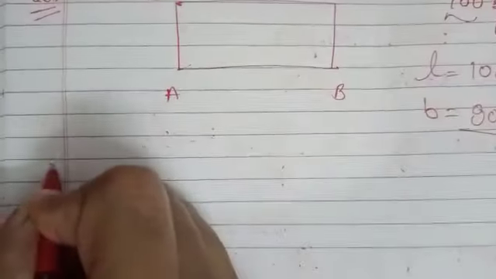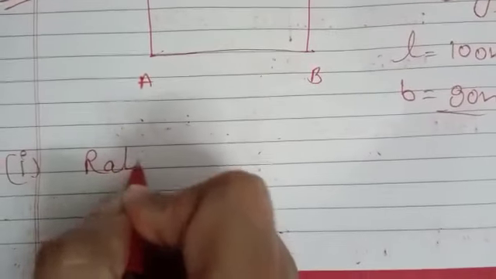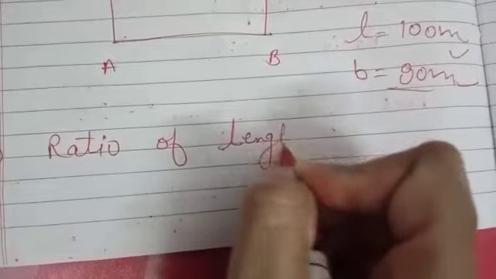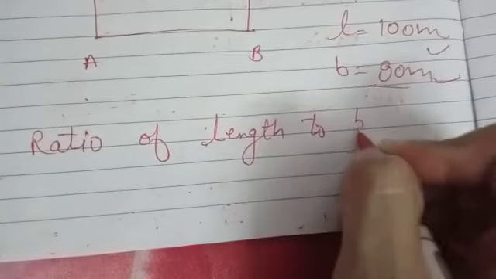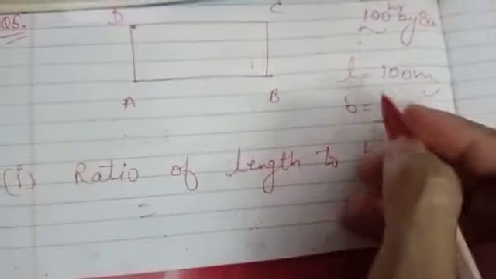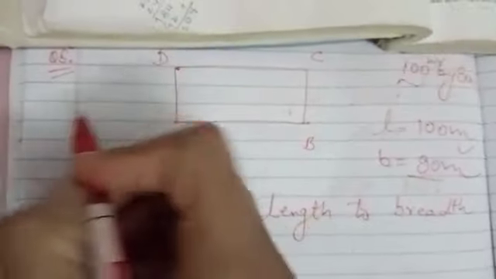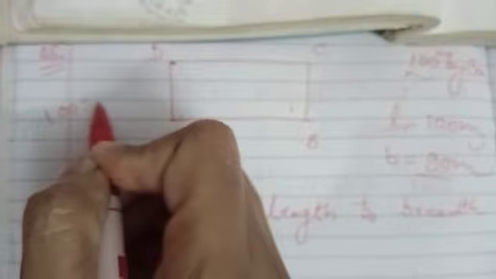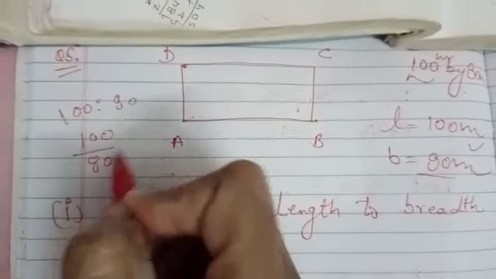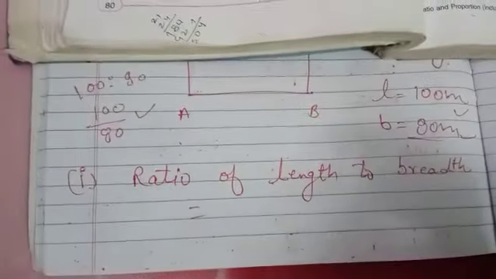So first part, ratio of length to breadth. How to find? I have already told you in the introduction that if we have to find the ratio of two numbers, then we will divide them and then we can find the answer.